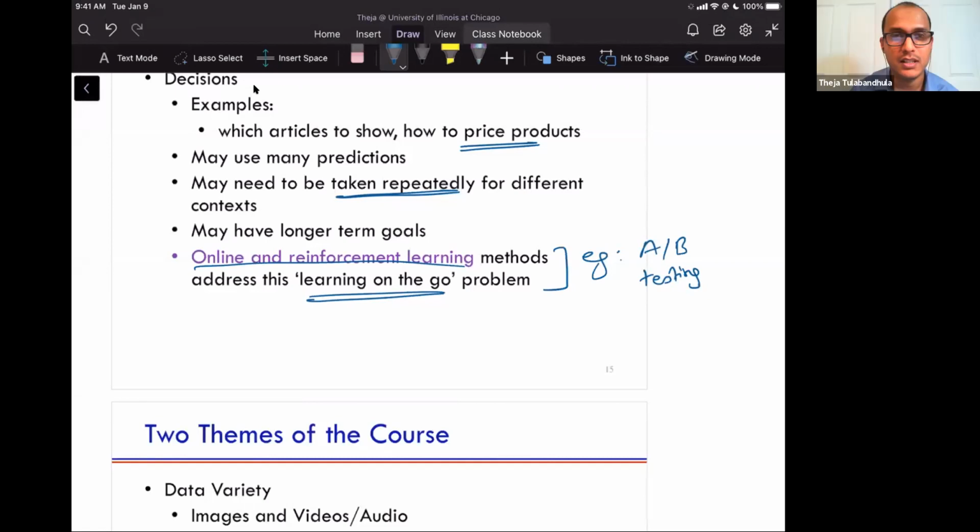Let me switch the mic. It's the mic of the webcam that I'm using, probably an inferior mic.